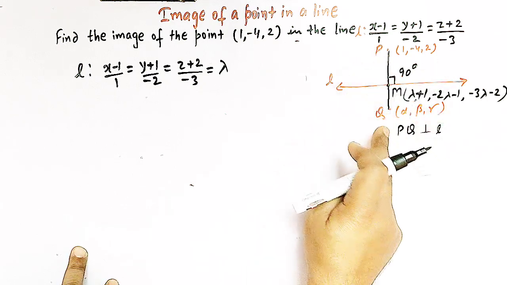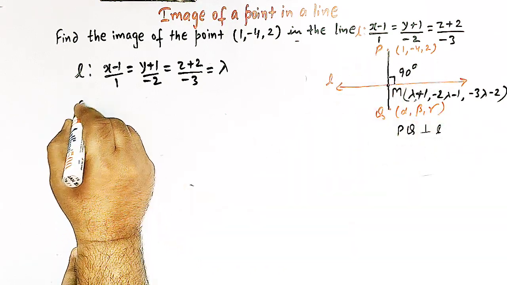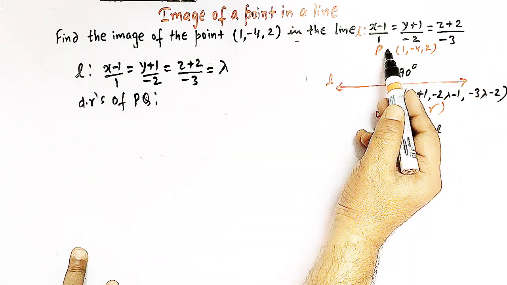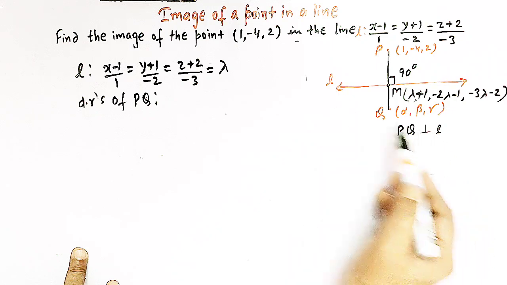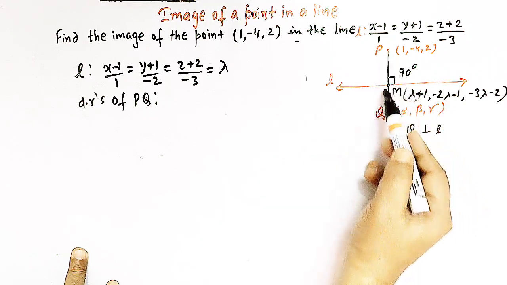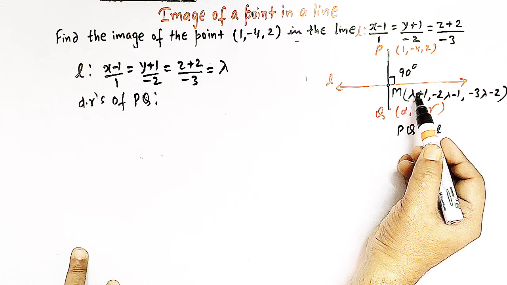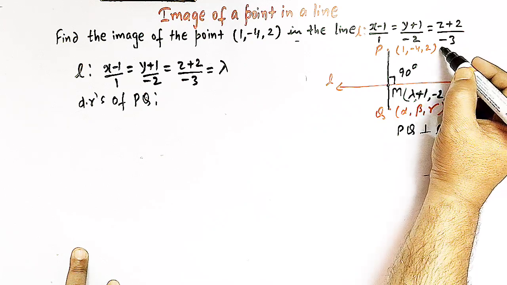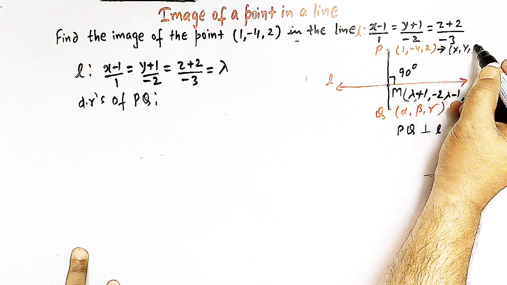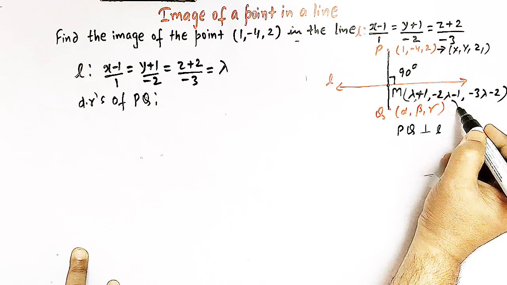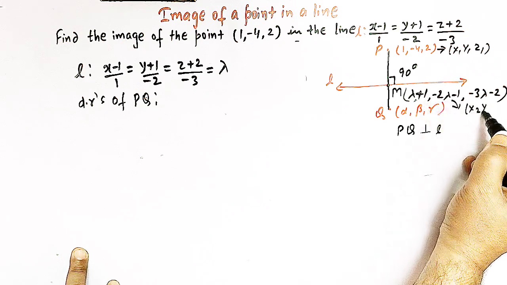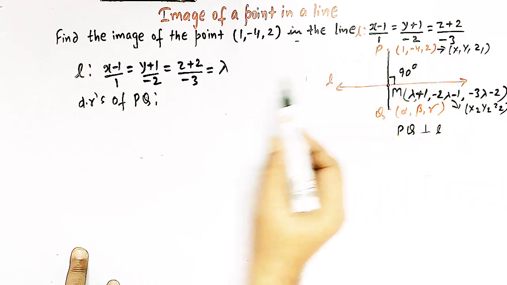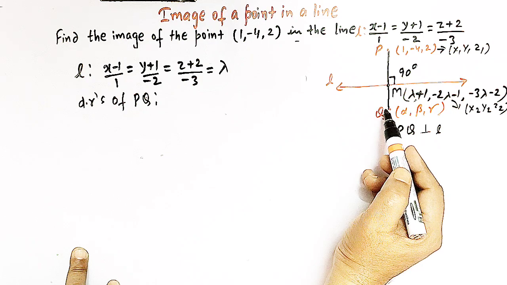Now the next step is to get the direction ratios of this line PQ, right? And this line PQ is perpendicular to this line L. The direction ratios of PQ can be obtained by taking the difference of these two coordinates, because if we take this coordinate as (x1, y1, z1) and this coordinate as (x2, y2, z2), then the difference of the coordinates gives us the direction ratios of PQ, right?